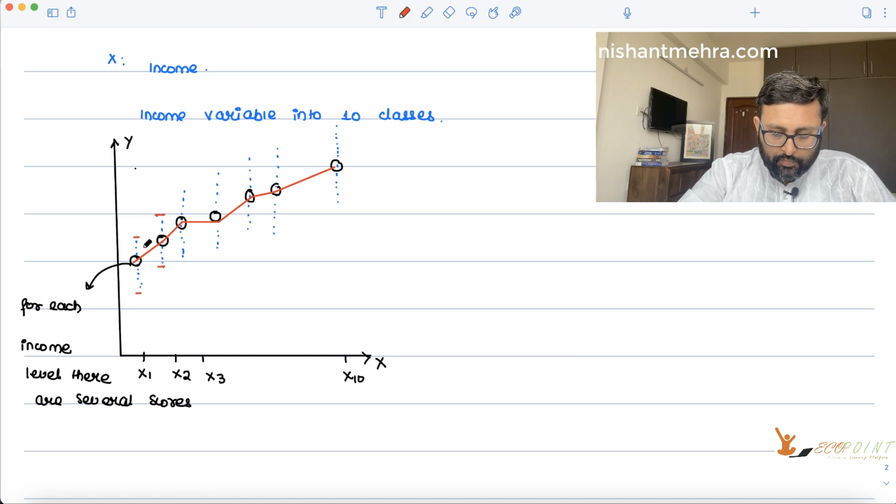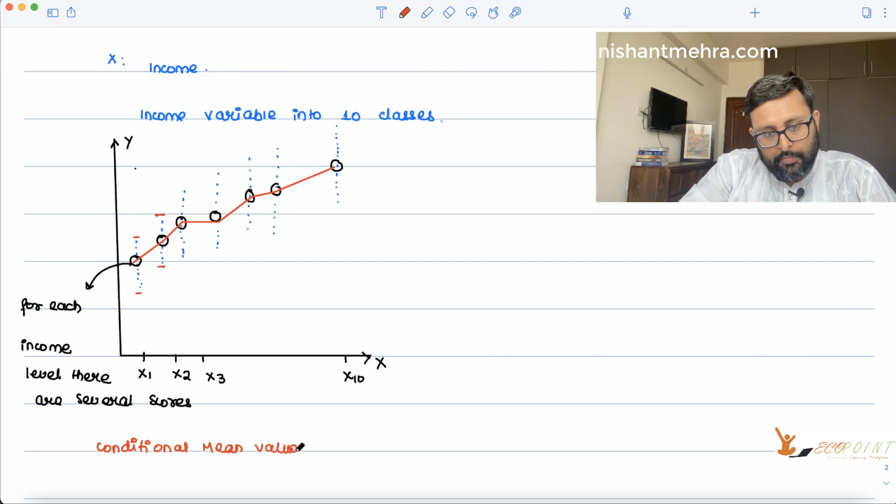So these are the mean values of each income level. This is the conditional mean value. These circles which I have just drawn are the mean values of the marks for each income level, right?